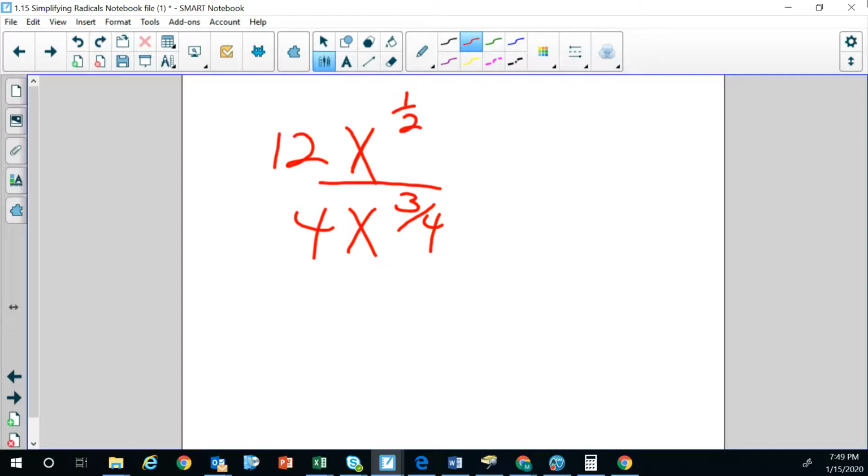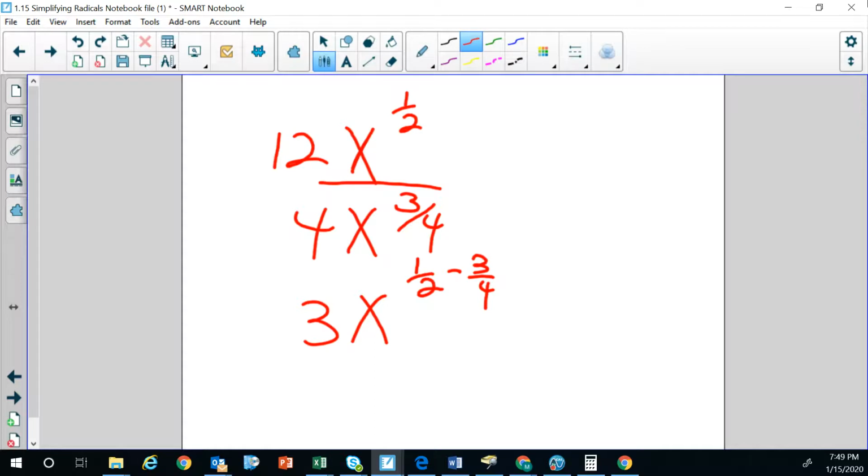Now, regular operations, we're going to divide 12 by 4, and that's going to give me 3 times x. Because I'm dividing, I'm going to subtract the exponents. So that's going to give me 1/2 minus 3/4.